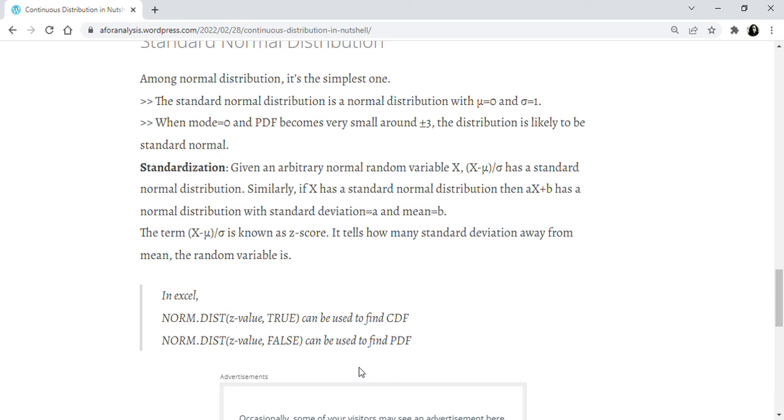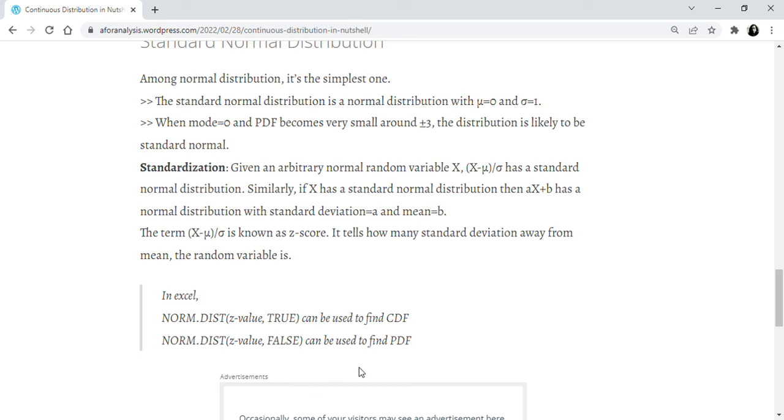Standardization is a process: given an arbitrary normal random variable x, (x minus mu) by sigma has a standard normal distribution. So when we know that x is a normal random variable, x minus mean divided by its standard deviation will always have standard normal distribution.